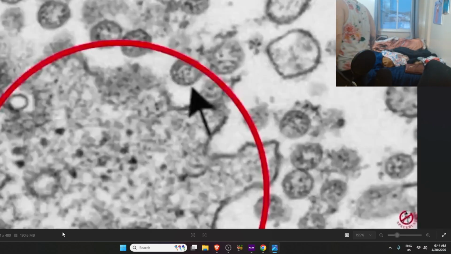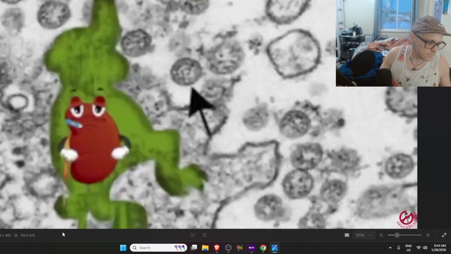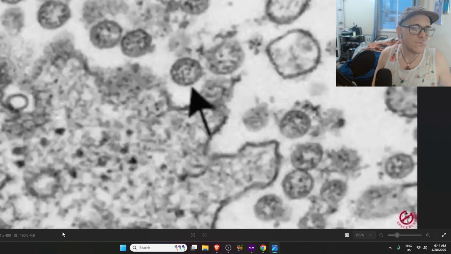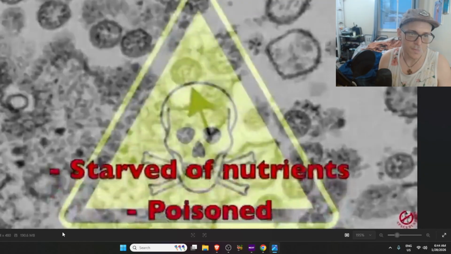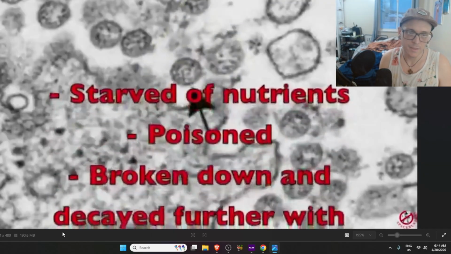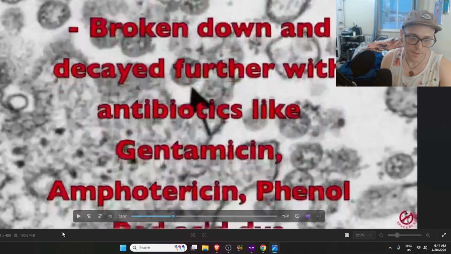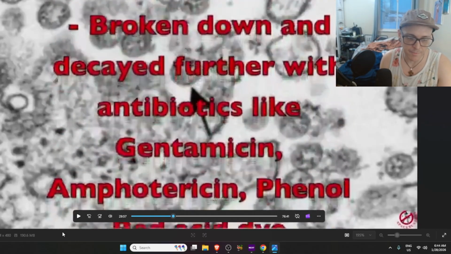This large area on the bottom left is the corner of a dying, rotting and decaying green monkey kidney tissue cell in a virologist's petri dish that has been starved of nutrients, poisoned, broken down, and decayed further with antibiotics like gentamicin. They just chemically caused cancer. They literally did everything and anything. Phenol, that's a poison.